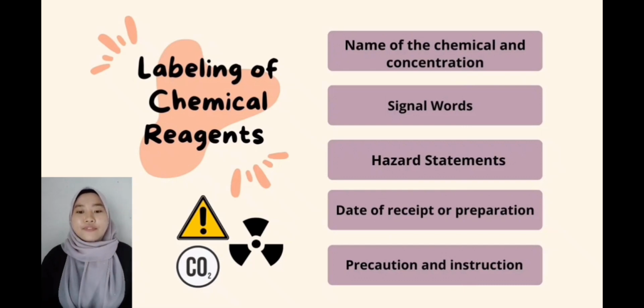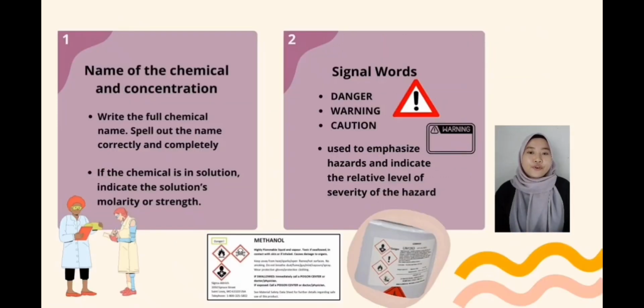For safety, you are not encouraged to use a chemical from an unlabeled container. If the label is missing or unreadable, report it to your lab assistant immediately. First, for name of the chemical and concentration, write the full chemical name, spelling out the name correctly and completely.